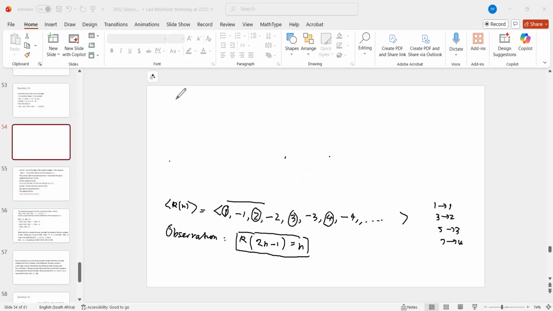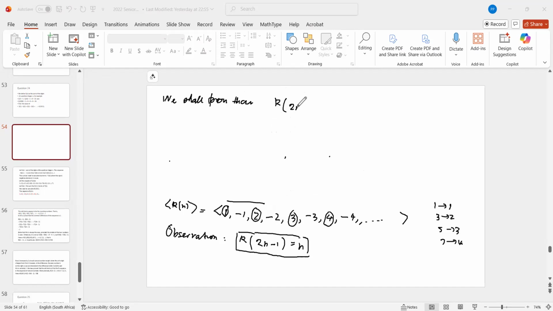So we shall prove that if you take any two consecutive terms from the sequence, okay, it's R of an odd number.